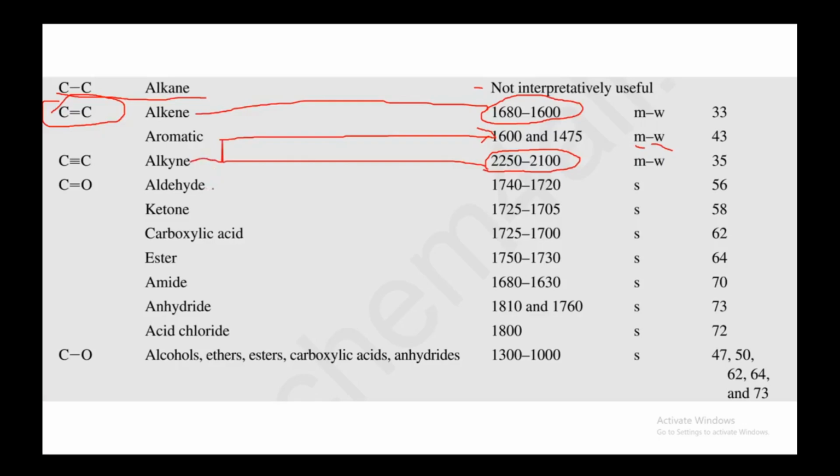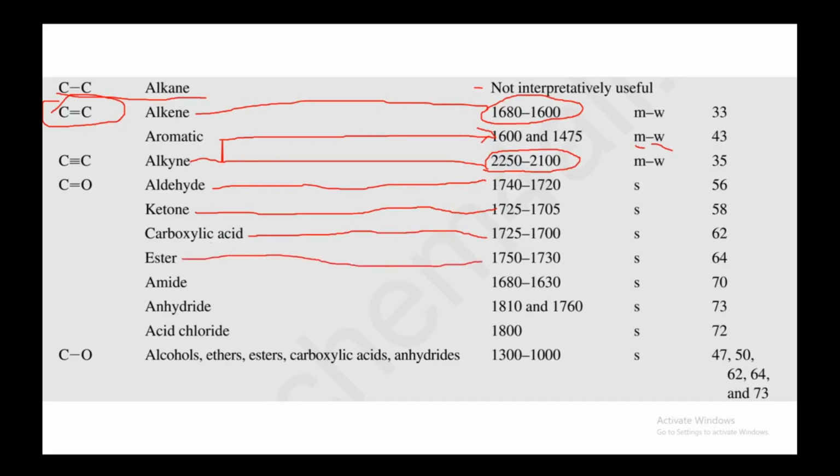For the carbonyl group, aldehyde appears at around 1740 to 1720, ketones at 1725 to 1705, carboxylic acids at 1725 to 1700, and for the carbonyl group present in ester, it appears at around 1750 to 1730.